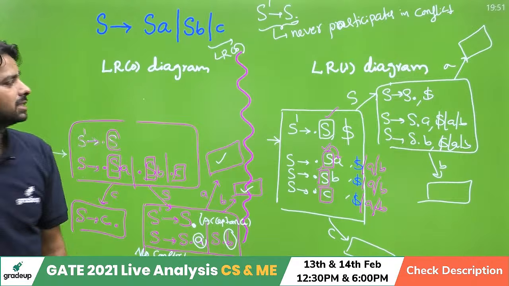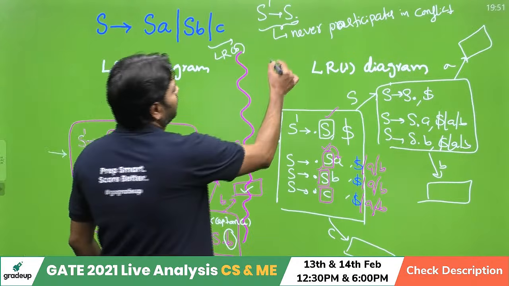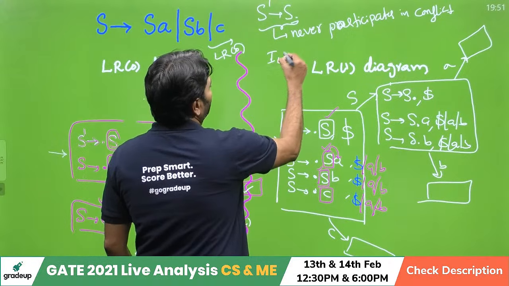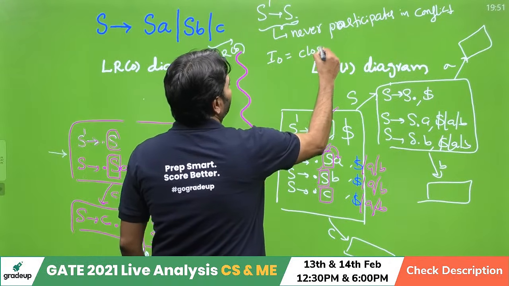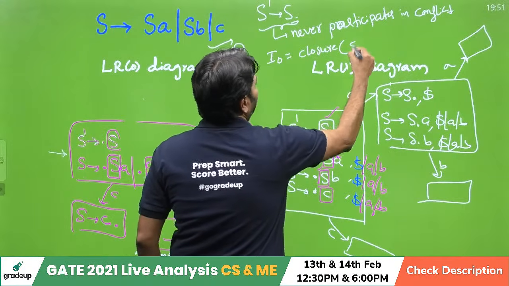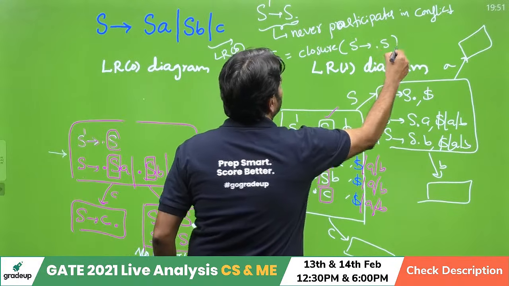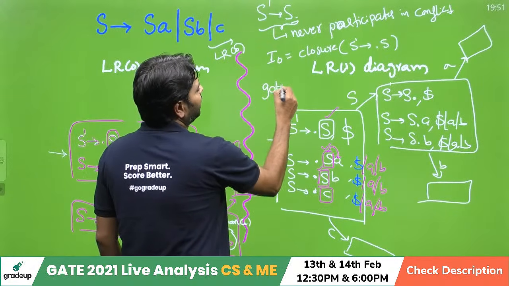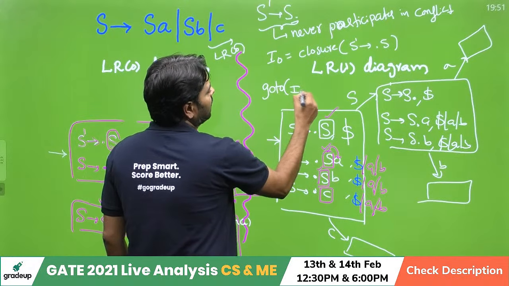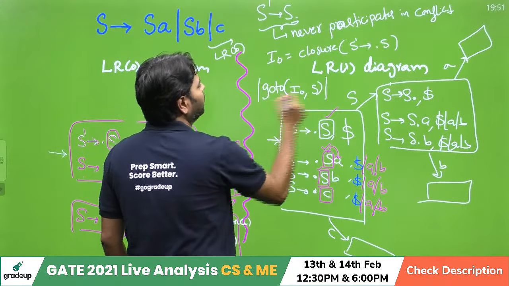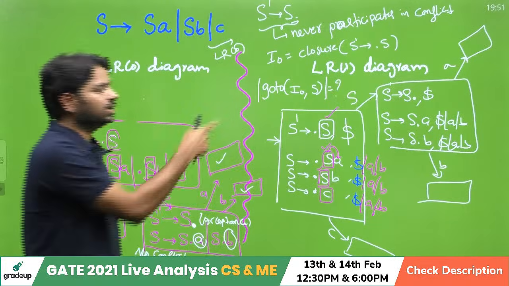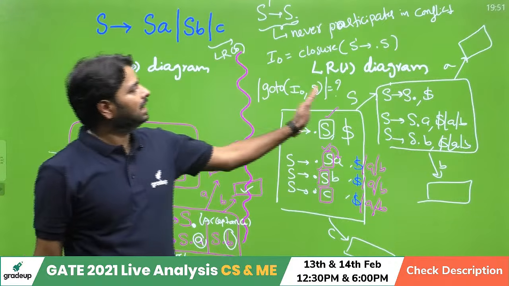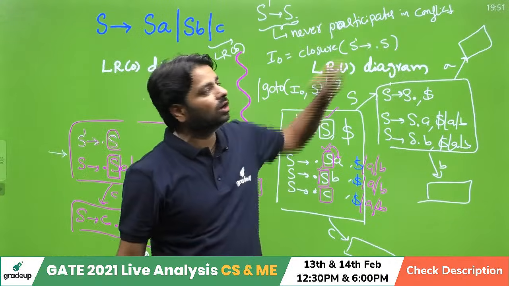They might ask in the exam: I naught is equal to closure of S dash derives dot S, and how many items are there in goto of I naught comma S? What is the cardinality? Can you answer that question?